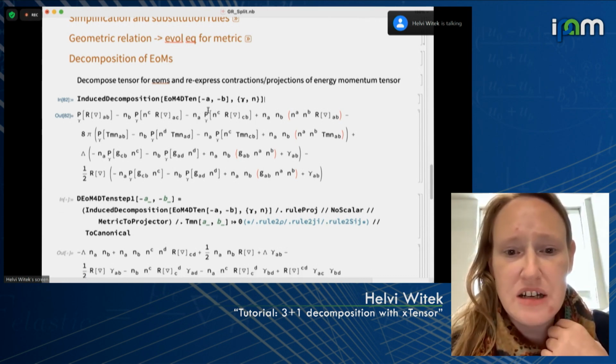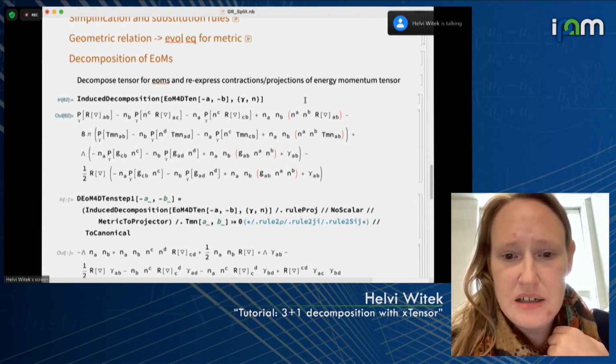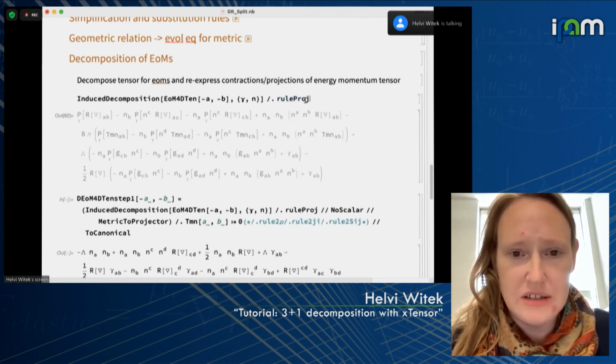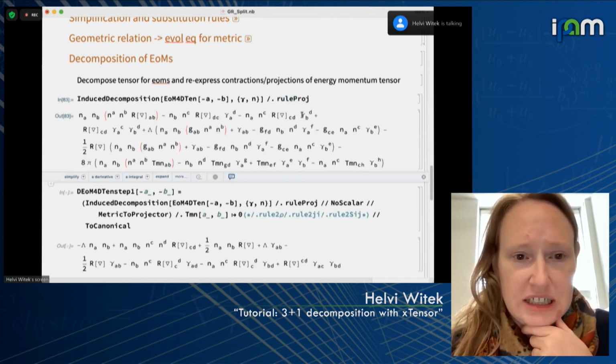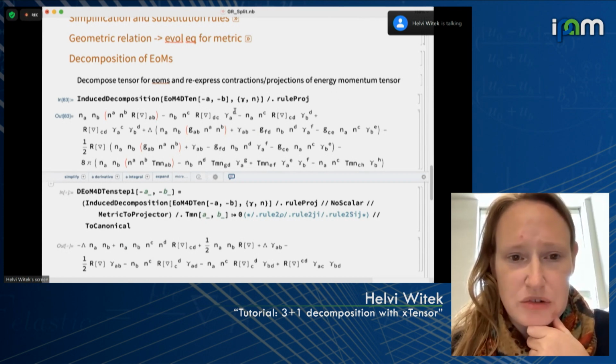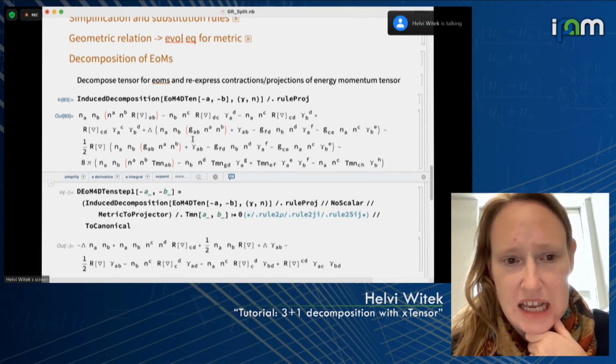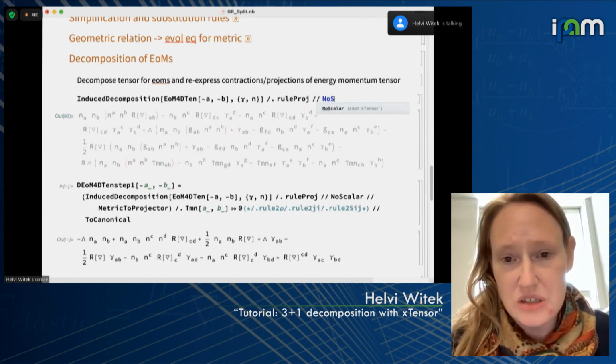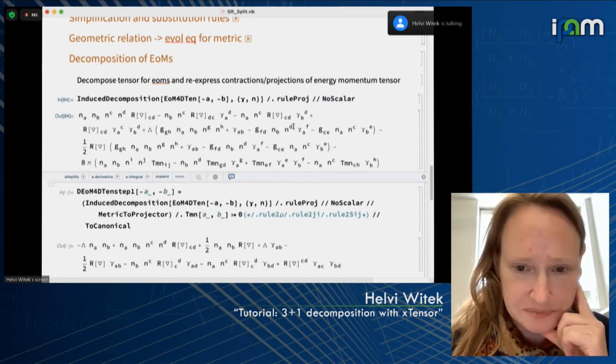so I will actually say, okay, whenever you see this projection operator, please replace it with my actual induced metric. So I've defined this rule further up. So, and now whenever it sees this projection operator, it would just replace it by our induced metric. Then here again, we have this weird notation where dummy indices have the same label as free indices. I'm not a big fan of that, so I say use a no scalar, so we can get rid of this.